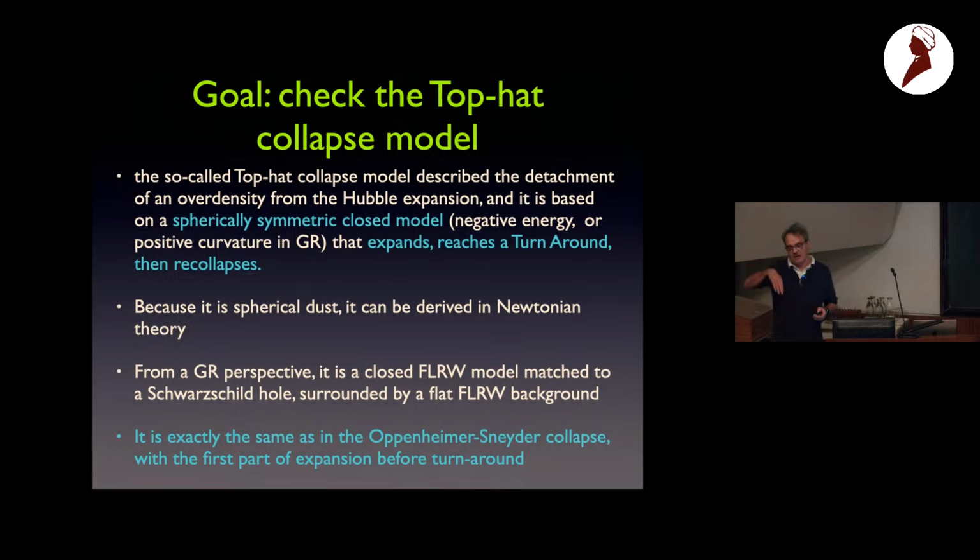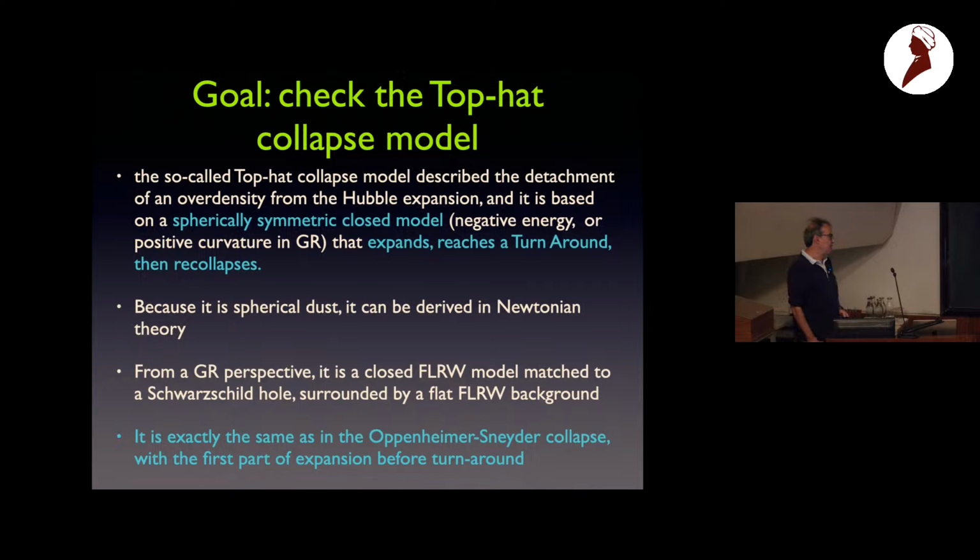We wanted to check if the center of the overdensity actually evolves as a top hat or not, despite the fact that there are all these tidal effects surrounding it, okay? From a GR perspective, a top hat is a closed Robertson-Walker model matched to a Schwarzschild hole, okay?